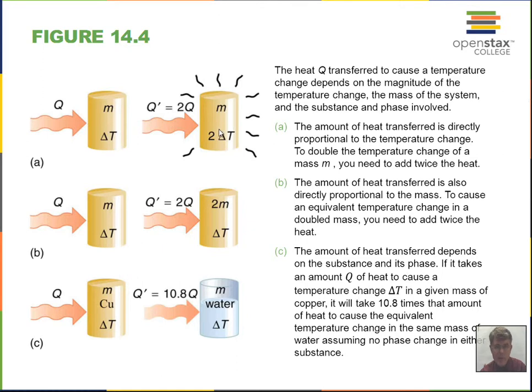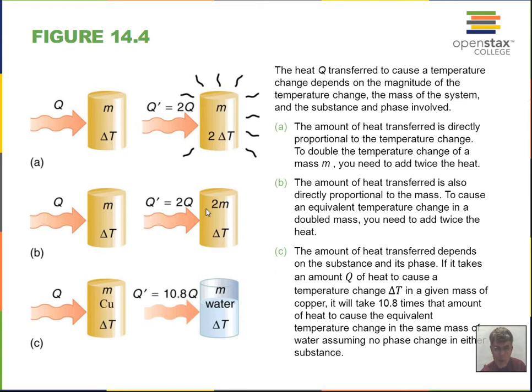Delta T is positive if the temperature is increasing. Delta T is negative if the temperature is decreasing. Q is positive if energy is going into the object. Q is negative if energy is coming out of the object. Second example here, if we change the mass of the system, you can see the delta T's are prescribed to be the same constant value.